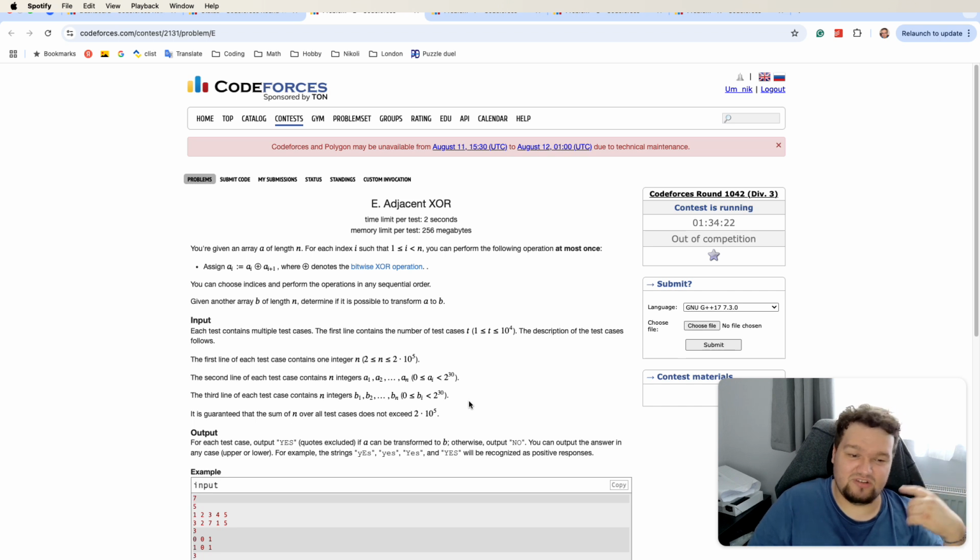Since we can change it only once, in the end it must be BI. So before the operation in that index it will be AI. After the operation it must be BI.